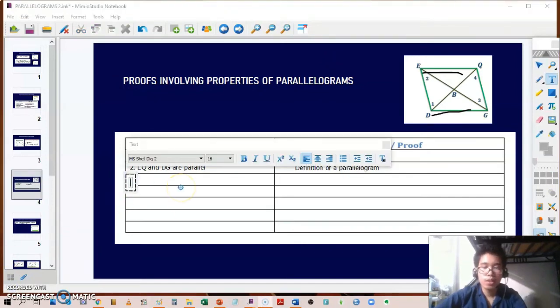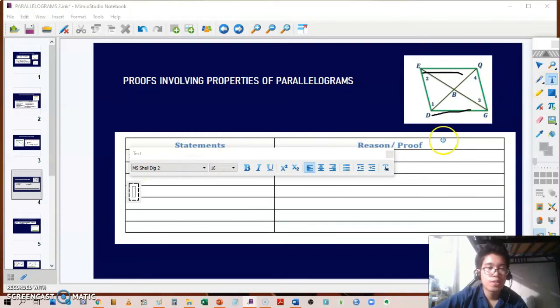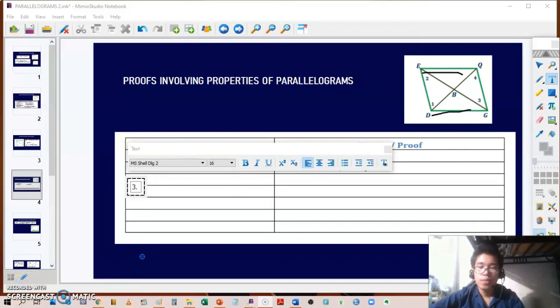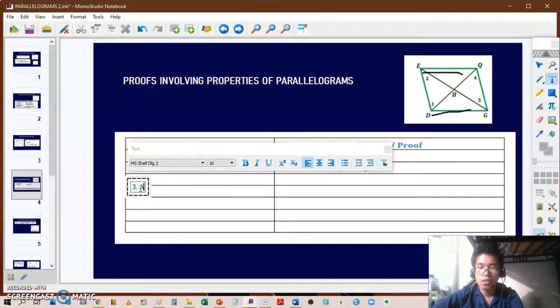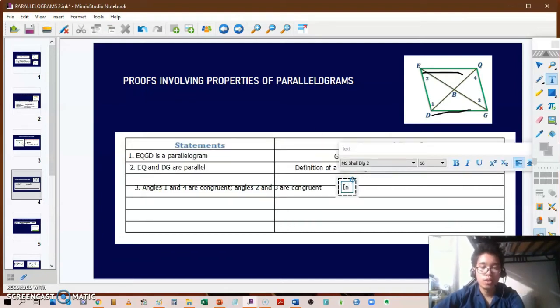Okay, for our third statement, we can say that angles 1 and 4 are congruent, and also angles 2 and 3 are congruent, because in a pair of parallel lines there are congruent alternate interior angles.